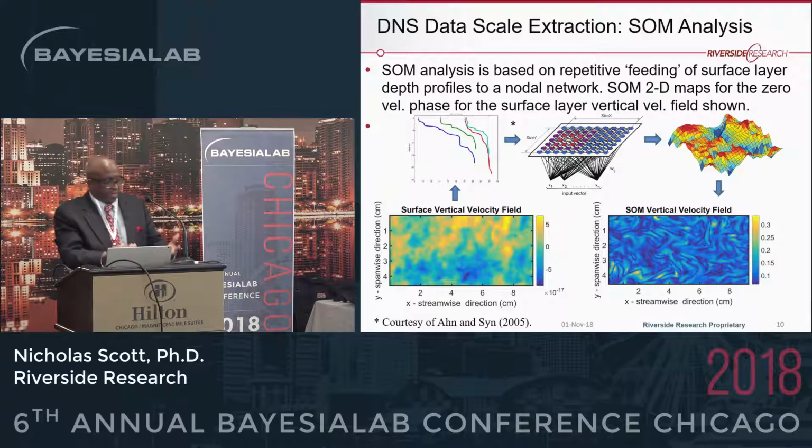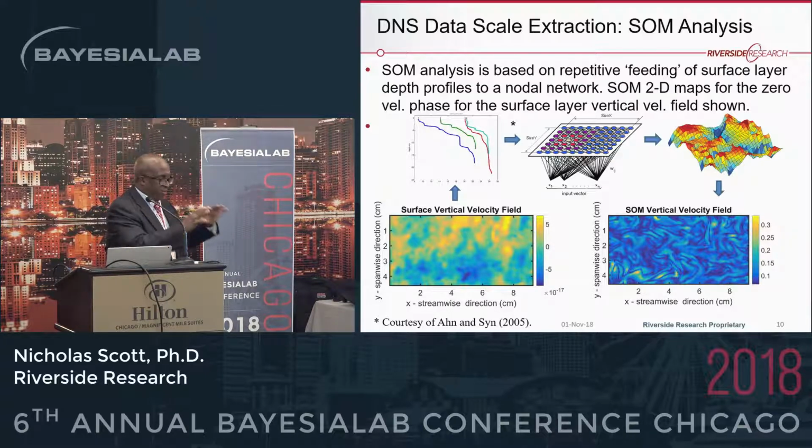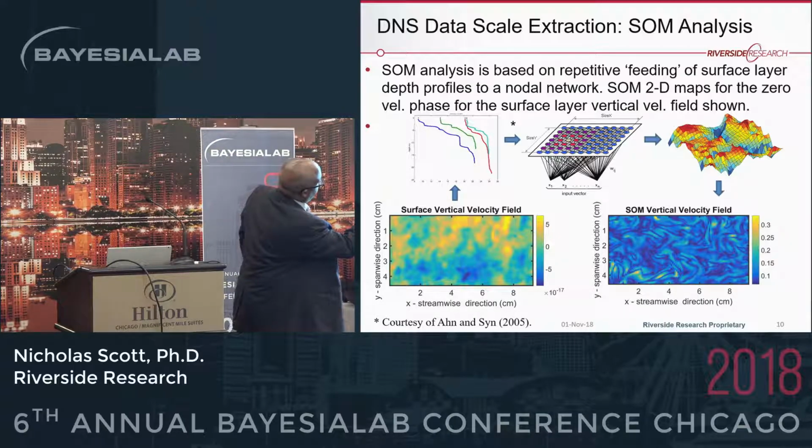As you feed the SOM network information, it perturbs every time until it becomes set. When that SOM network becomes set, it has all the information about your coherent scale.